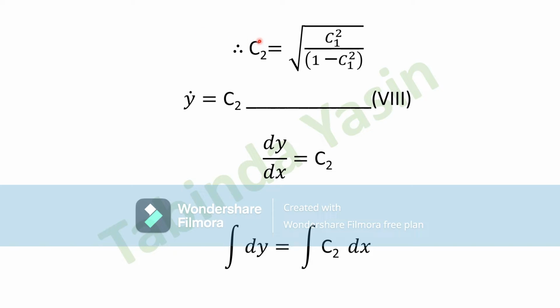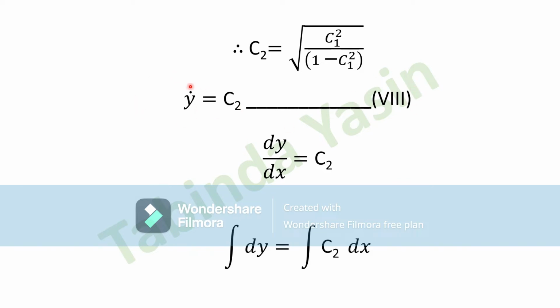Now taking this value, under root C1 square over 1 minus C1 square, equal to a constant C2, then y dot is equal to C2, giving that equation number 8.